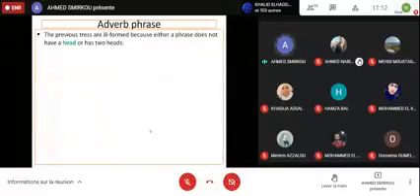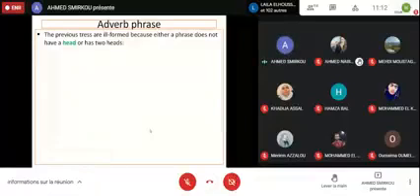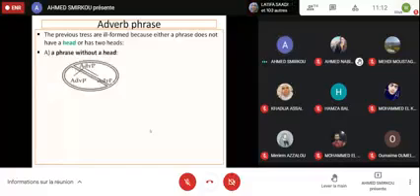So the previous trees are ill-formed because either a phrase does not have a head or has two heads. Here, as I said earlier, this adverb phrase has its head below it, and this phrase has its own head below it, and this phrase is left with no head.